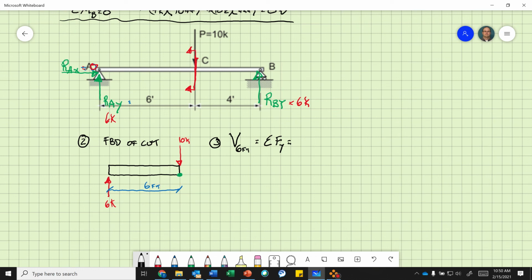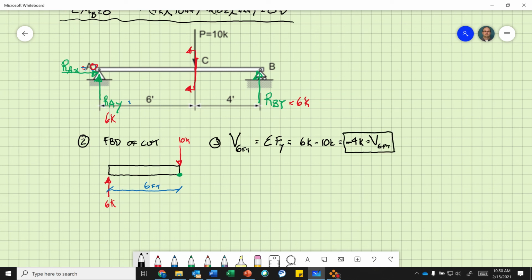Anything pointing up is positive, anything pointing down is negative. So equals 6 kips minus 10 kips, that equals minus 4 kips. That equals my shear force, or my shear load at 6 feet.